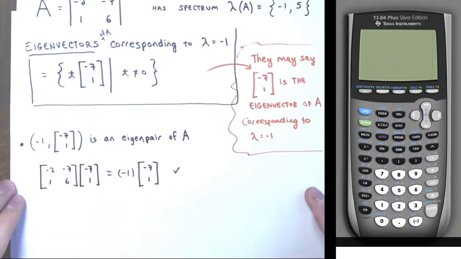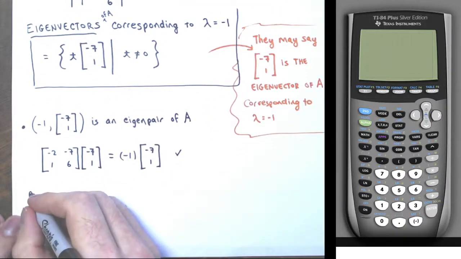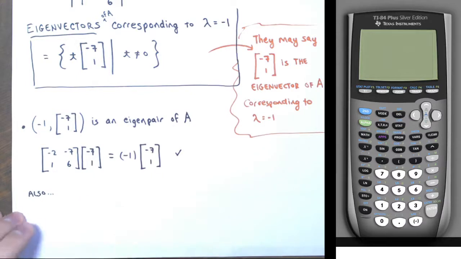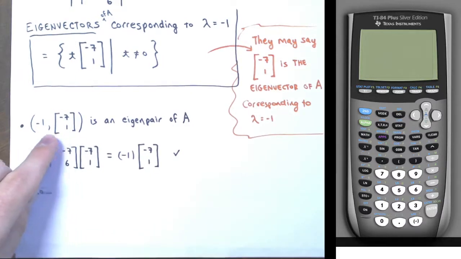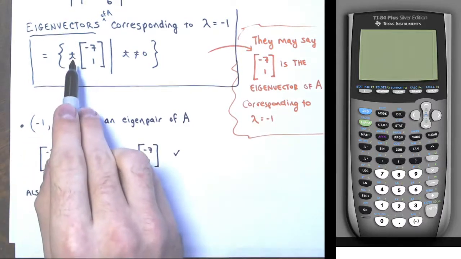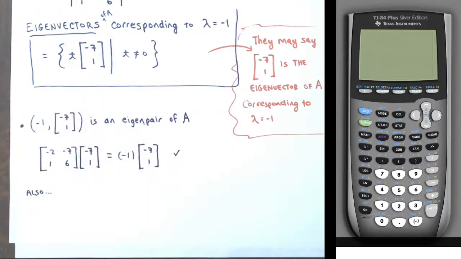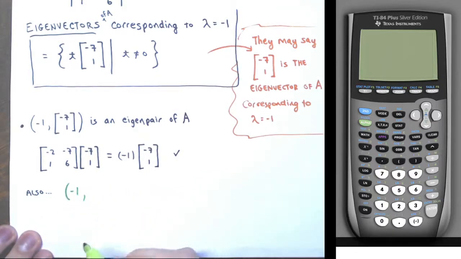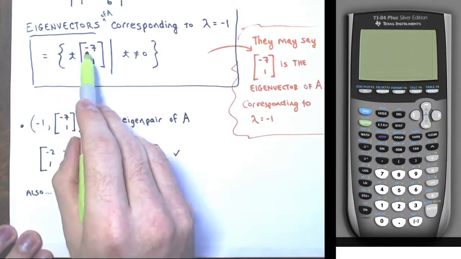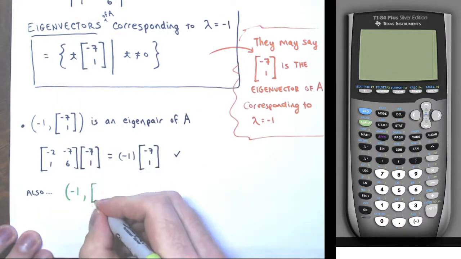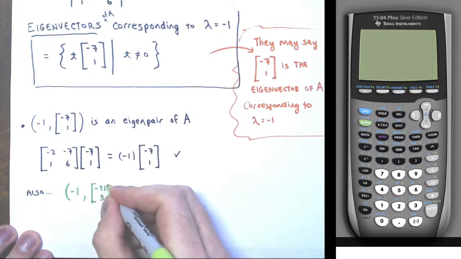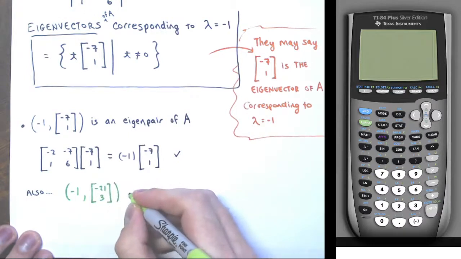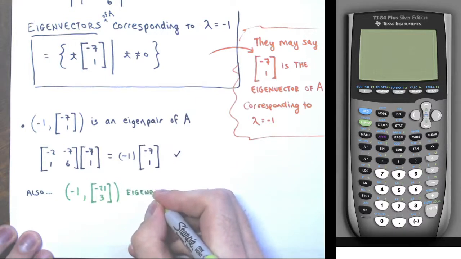But as I was saying, not only is this an eigenvector corresponding to -1, but we see up here, any non-zero multiple of this would also be an eigenvector corresponding to -1. So you could have -1 and then say 3 times this, which would be the vector -21, 3. This is another eigenpair. And you can double check.